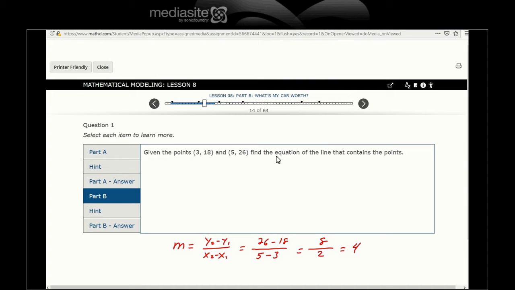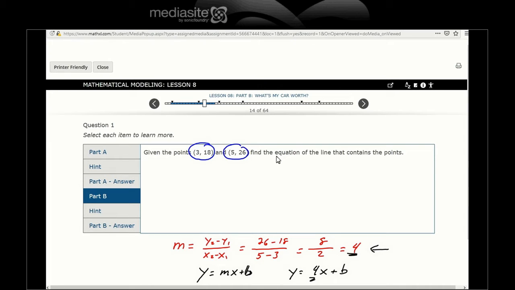From here we have a rough idea that the equation, which is mx plus b, has to look something like y equals 4x plus b. So we have the slope.